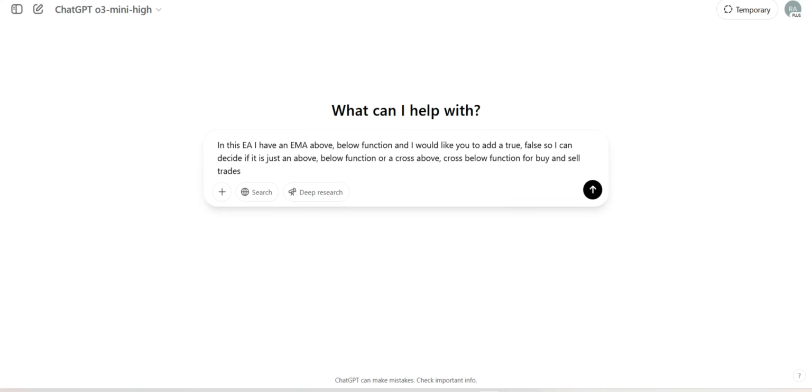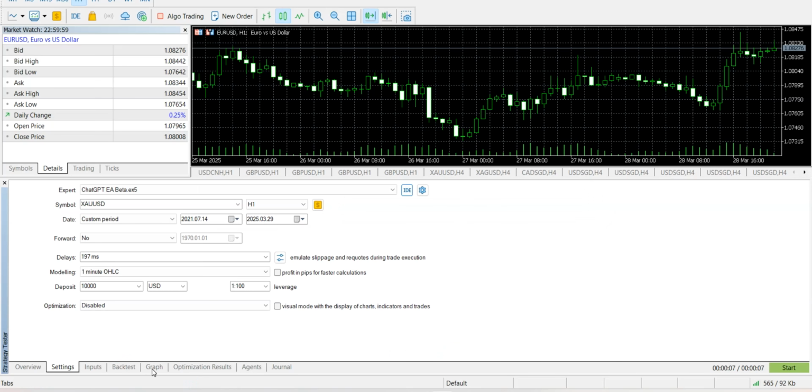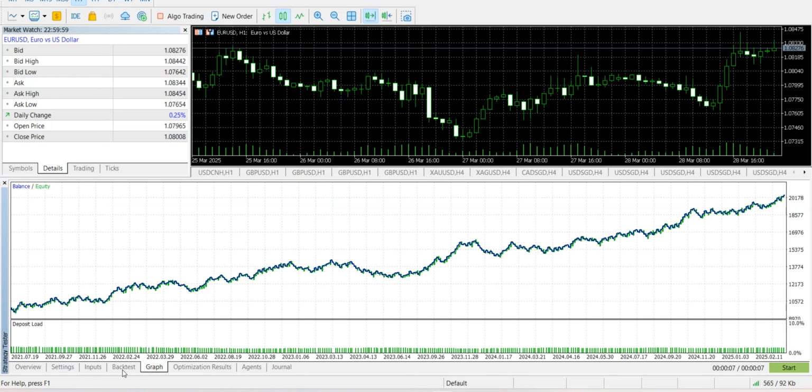Now it is important because, as I showed you, in this strategy, and it is doing good so far, we only have an above below function, which means that, for example, the 10 EMA, exponential moving average, has to be above, let's say, the 100 EMA. But I want to be able to switch it to cross.